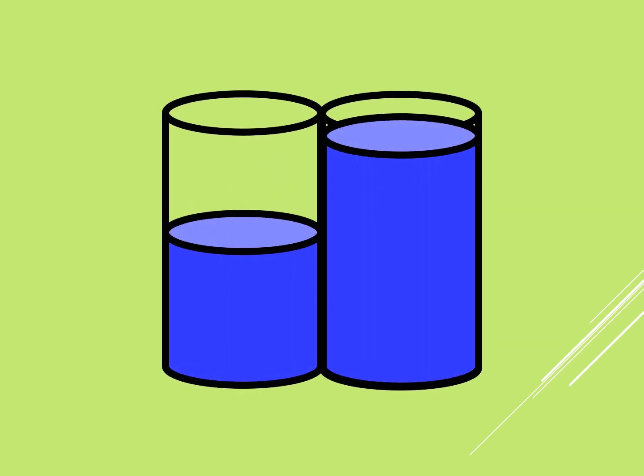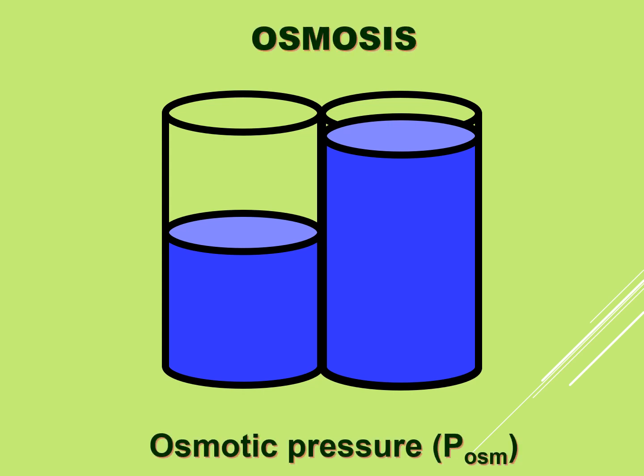This is called osmosis. You have already studied that. And the pressure that is generated is called osmotic pressure, represented as P osmotic.